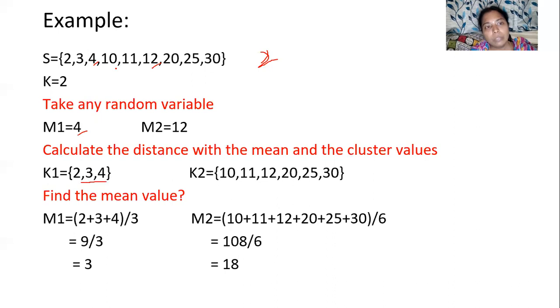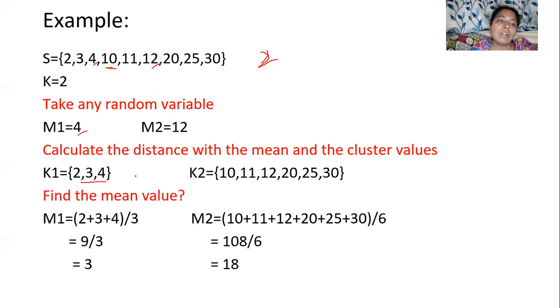For the value 10, the difference is 2, while for the value 4 the difference is 6. So the value 10 is very near to 12, and we'll put it in the other cluster. We do the same for the rest of the data points, and we have divided the data points into 2 clusters.